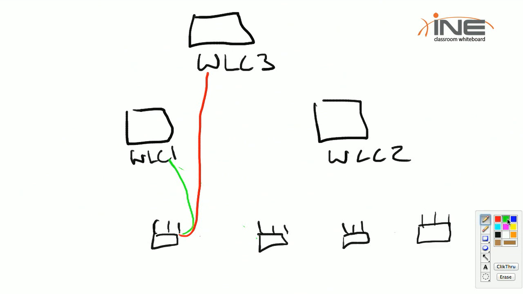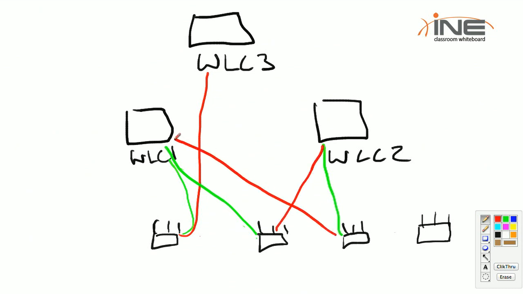So I'll draw that back. So the design with AP2 is I have WLC1, and this guy over here is associated to WLC2. And then they back each other up. So my failover is here, and this failover is here.